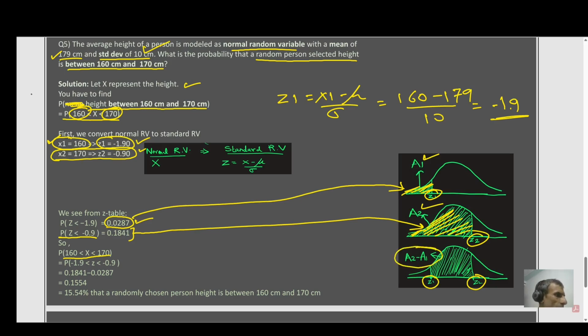This is exactly what I'm doing over here. I'm finding the probability that z is between minus 1.9 and minus 0.9. I'm subtracting the smaller area from the bigger area, and that gives me this answer. So there is a 15.54% chance that a randomly chosen person's height is going to be between 160 and 170 centimeters.